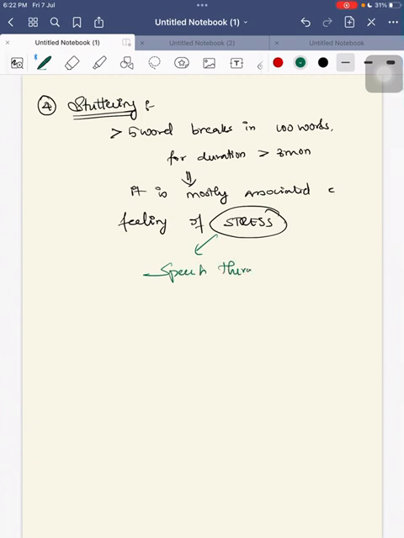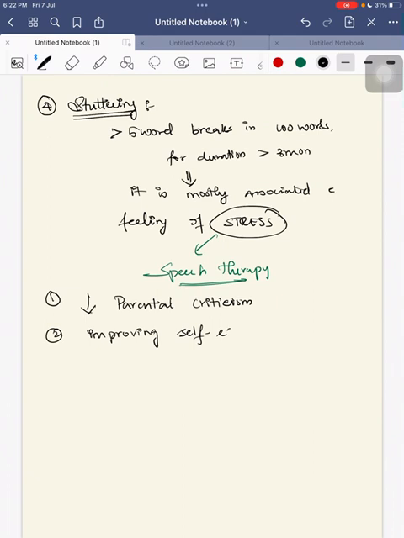So in the speech therapy, what are the components it should contain? Here, there should be a reduction in the parental criticism. Second, improving the self-esteem. You have to give positive encouragement to the child. Positive reinforcement should be done.